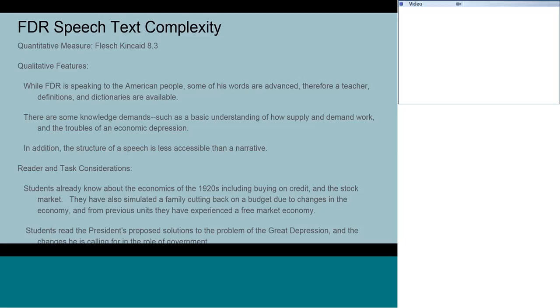Now, students already know about the economics of the 1920s, and they also have done a simulation activity about a family cutting back on the budget due to changes in the economy. So that piece is going to be okay for them. I think they can imagine what it was like to be alive at the time. The task is to see what is the president's solution and evaluate, is this a good idea?